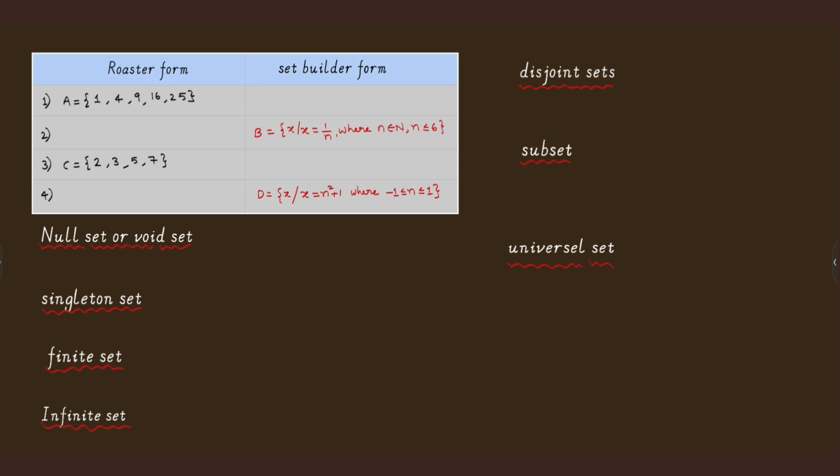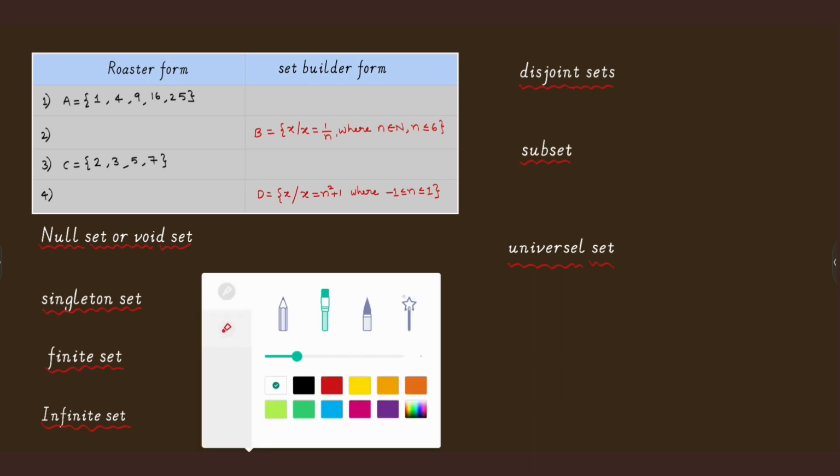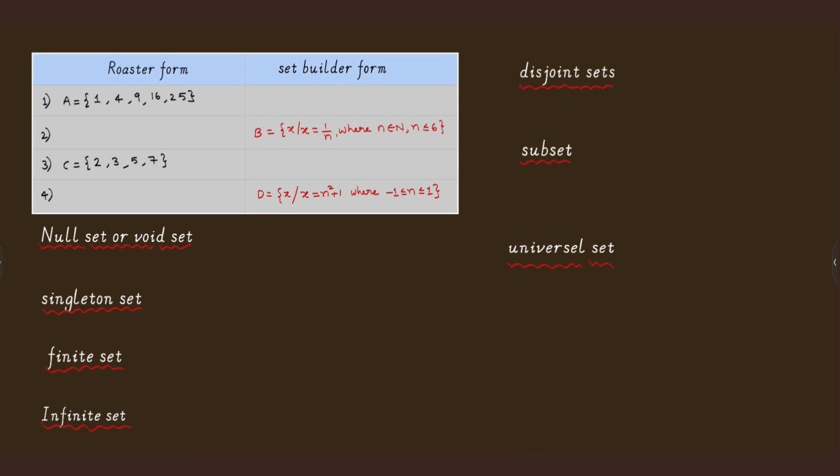To write it, you have to know the common property of the elements of the set. 1 is 1 square, 4 is 2 square, 9 is 3 square, 16 is 4 square, and 25 is 5 square. So here the common property is that they are squares of natural numbers.